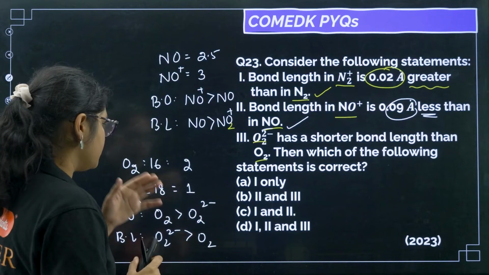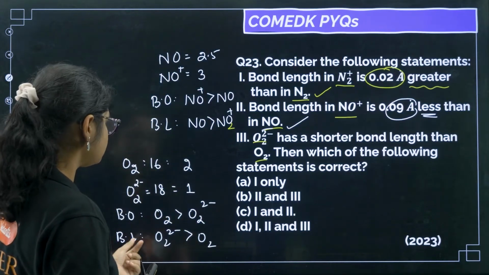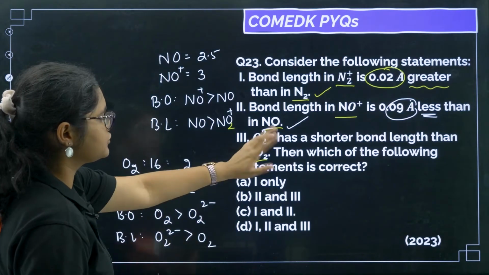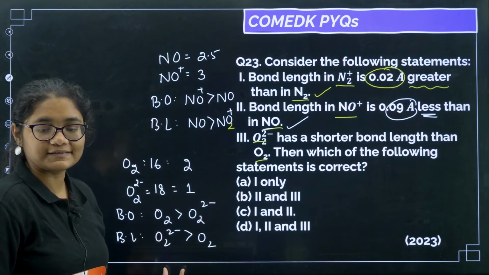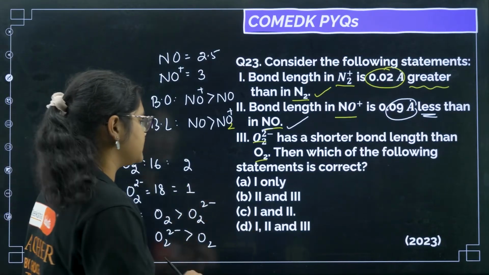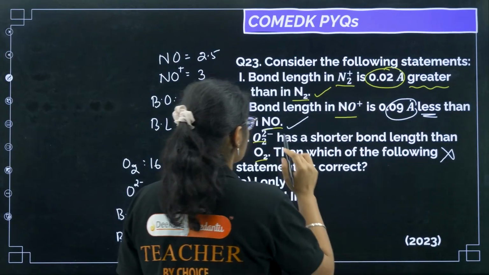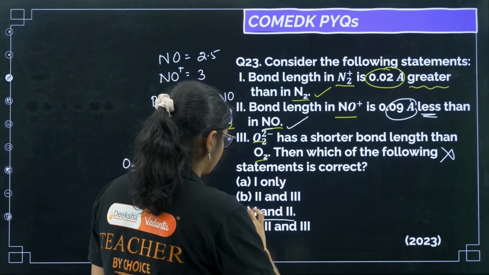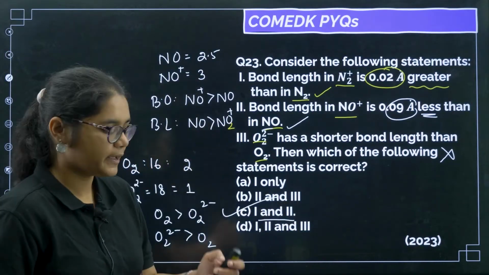So now if I see here, O2 2 minus has a shorter bond length. No, O2 2 minus has a longer bond length than O2. So that is why this statement is also incorrect. So we have only 1 and 2 statements correct, that is option number C here.